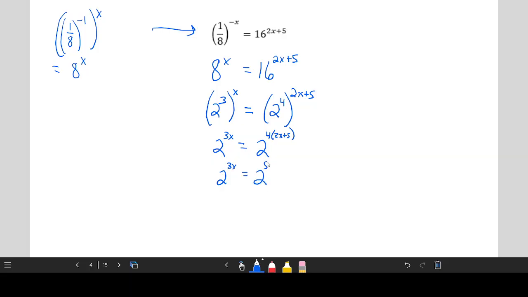We can distribute the 4 there. And so once again, we have two expressions with the same base. They're equal, so the exponents must be equal, and then we can use that information to solve for x.